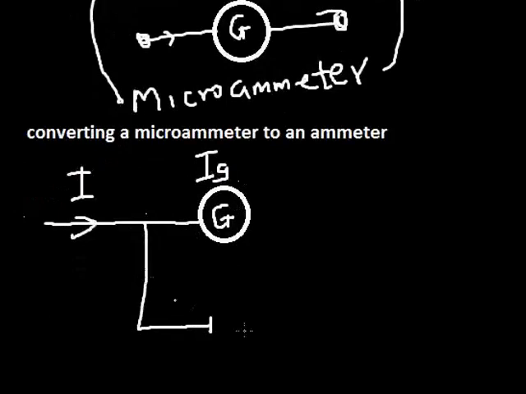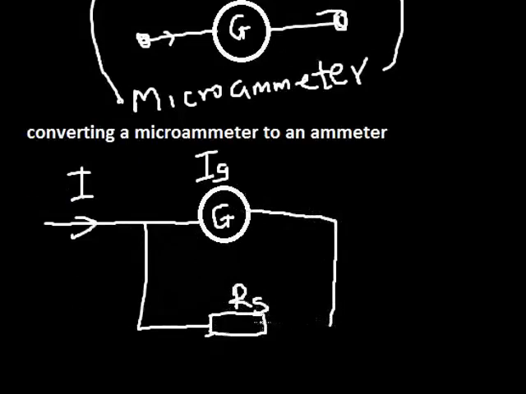So all I do is connect a resistor to divert some of the current, and that resistor is known as a shunt resistor. So if you are asked how do you convert a microammeter to an ammeter, you do it by connecting a shunt resistor in parallel with the galvanometer, so that as the current enters this branch, the galvanometer can only take its maximum current, IG.